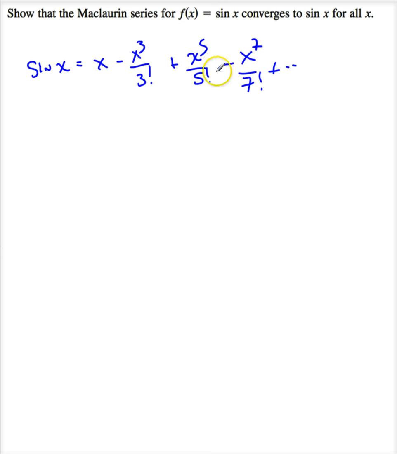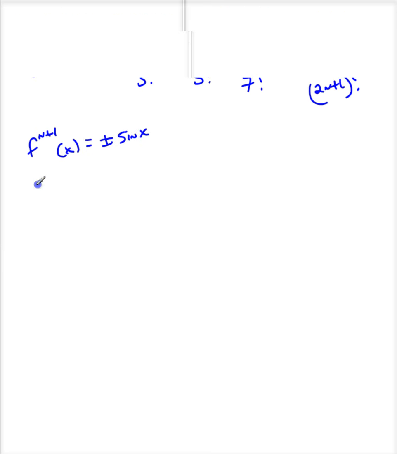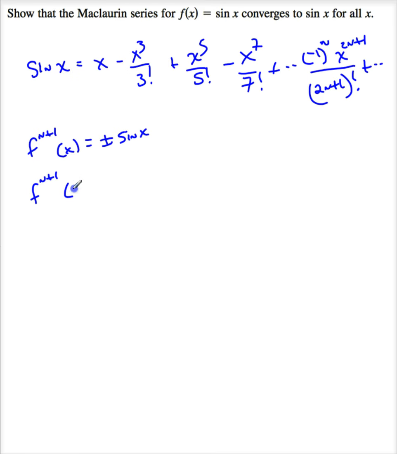Now, what you always want to do is look at your nth term, or in this case, your n plus 1 term: minus 1 to the n times x to the 2n plus 1 divided by 2n plus 1 factorial, plus, and we're going to keep going. Now, I know the n plus 1 derivative is either going to be plus or minus sine x, or plus or minus cosine x. It's one of the two.